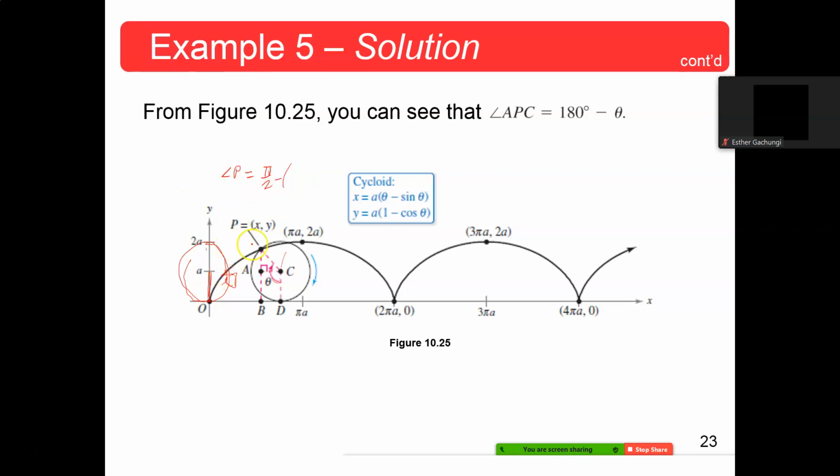Okay? And then when theta goes to pi, then you're up here at 2a. Okay? And then at 3 halves pi, you're back down here at a again, and then you're back down at 0 at 2 pi there. So the Y is sort of easy to see.